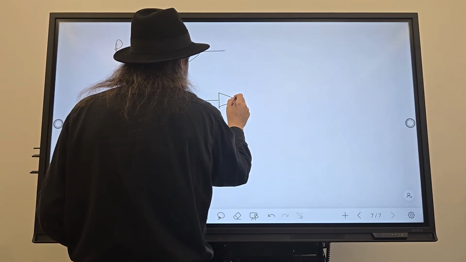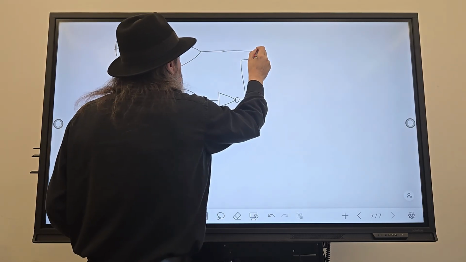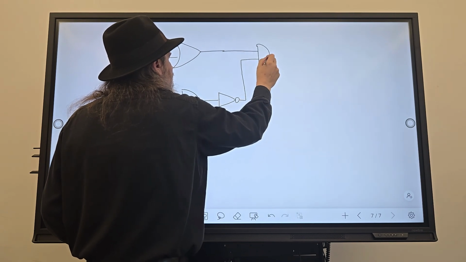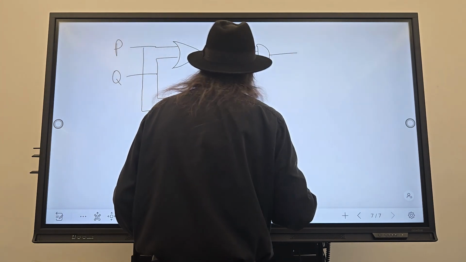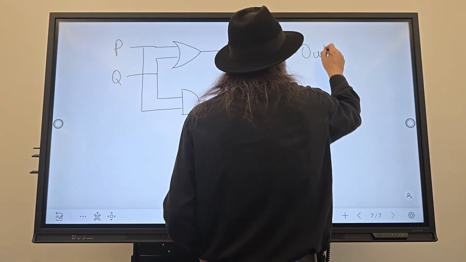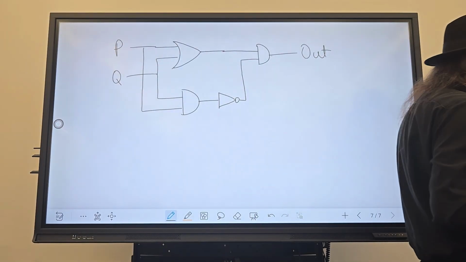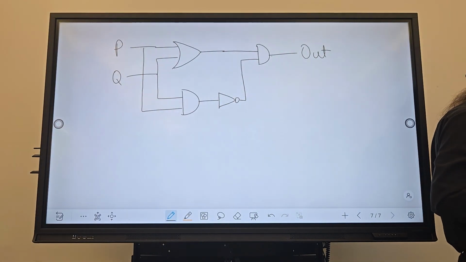Invert that. And that's going to AND with that. What is the Boolean expression corresponding to that?